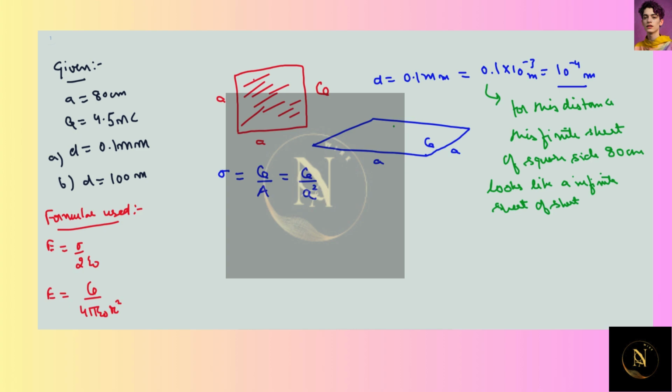So we can use the electric field due to an infinite sheet of charge which has charge density sigma.